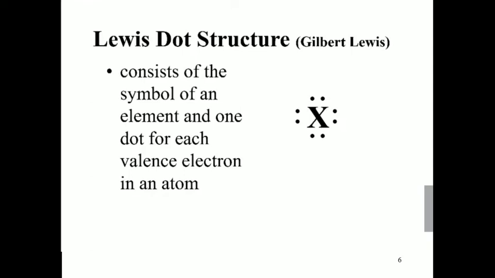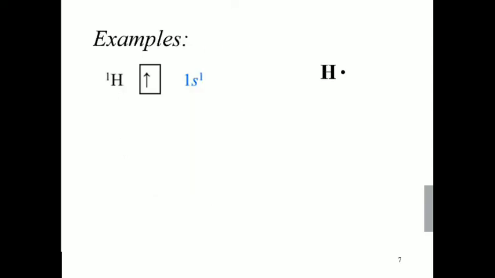We have the X that represents a symbol for an element surrounded by 8 valence electrons. That's why it's called the octet rule, because of the concept of 8 valence electrons. Although an atom may have less than 8 electrons to become stable, and we will talk about that later on.